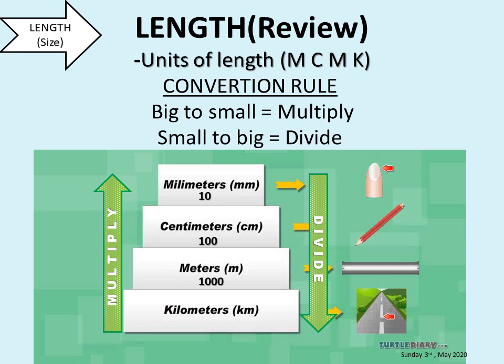By 10, because the millimeter block is 10. So I multiply 50 by 10 and I now have 500 millimeters. Remember that I'm changing the units to millimeters, so my answer is 500 millimeters.